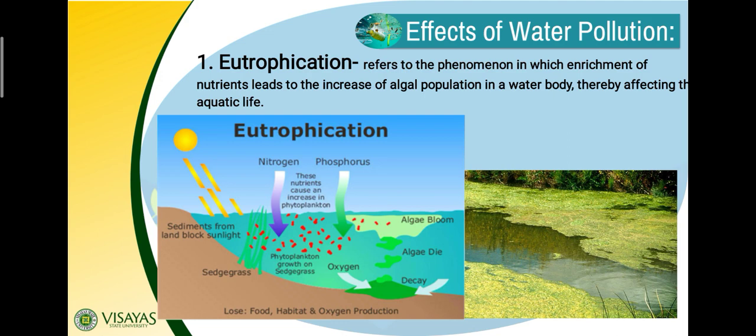Now, why does the increase in algae population lead to eutrophication? It is because when these algae die, decomposers break them down by pulling the oxygen out of the water.